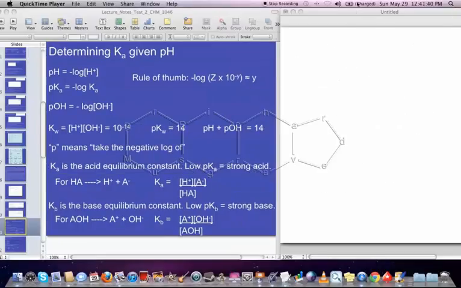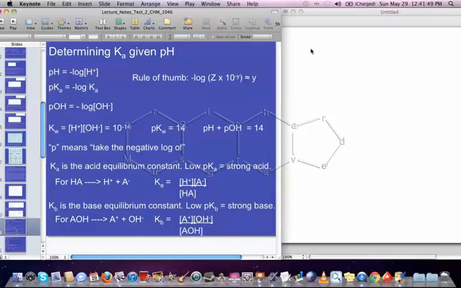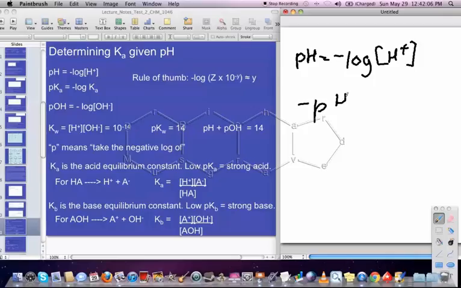Let me also add that one can find the concentration of H plus or OH minus if they have the pH as well. And the way we can do that is we know that pH is equal to the negative log of the concentration of H plus. If I want the concentration of H plus, then what I've got to do is take the negative over the other side, so it'd be negative pH equals log of concentration of H plus.